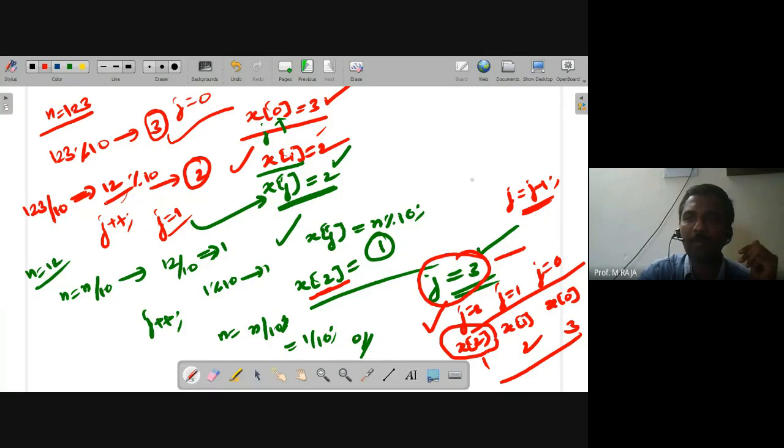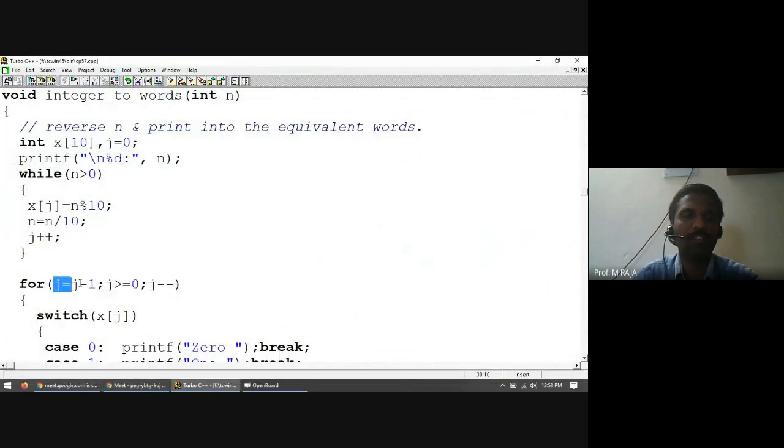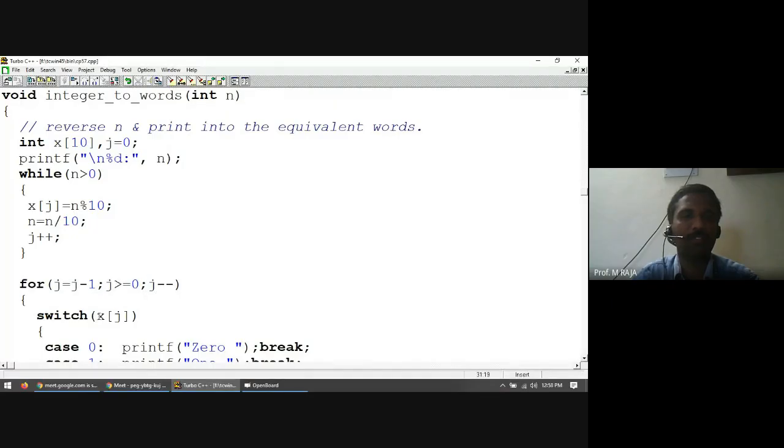Currently j is incremented by 1. J is pointing to the third location, but we made the assignment up to the second location. So decrement the value of j by 1. J is 3, 3 minus 1, 2. Then j is 2. Find the value of x of 2. So j starts at j minus 1 till j greater than or equal to 0, j minus minus.